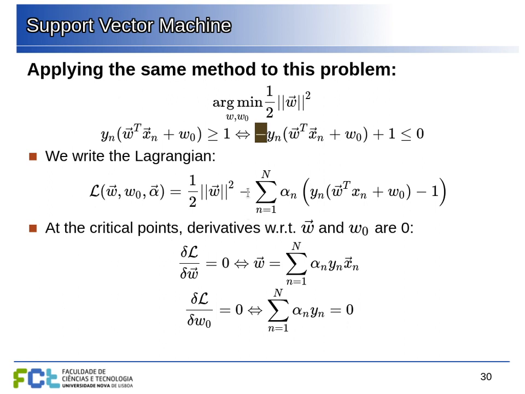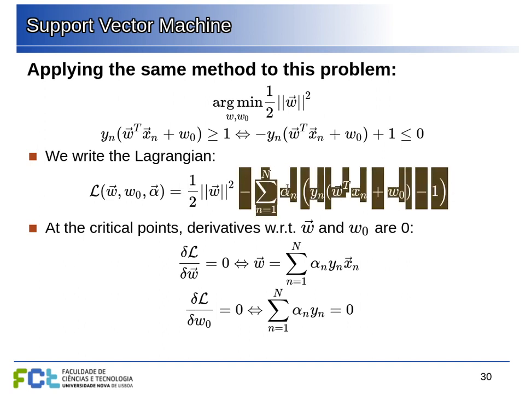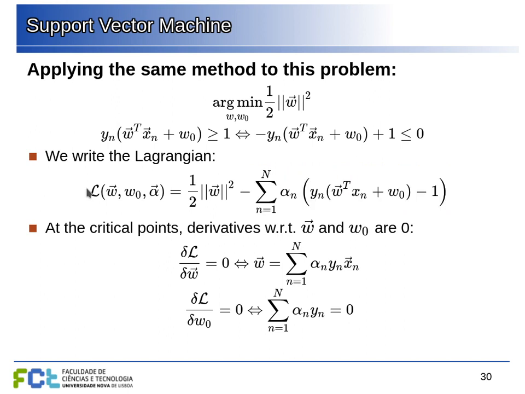So here we can just put the sign there on the outside and do this manipulation, but basically we have a sum over all the points in our training set, because each point in our training set provides one constraint for the problem we're trying to optimize, and now we have for each point in our training set one Lagrangian multiplier, and we include this expression in the Lagrangian, and now we solve to find the critical points where the derivatives with respect to the parameters of our model and to the alphas are all 0.